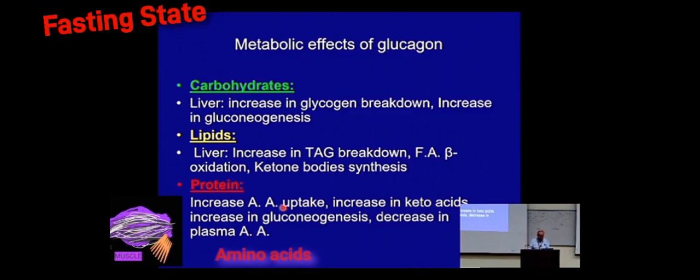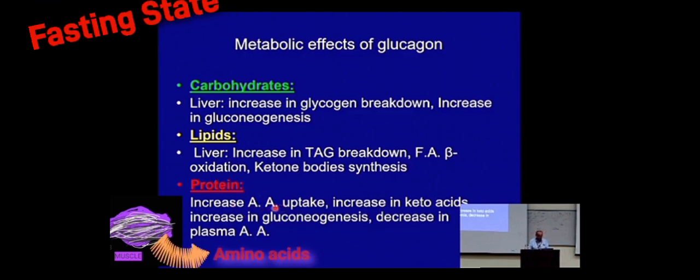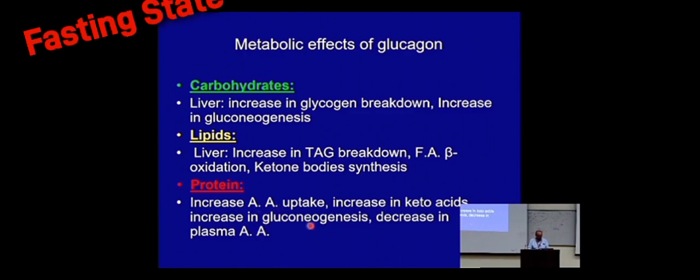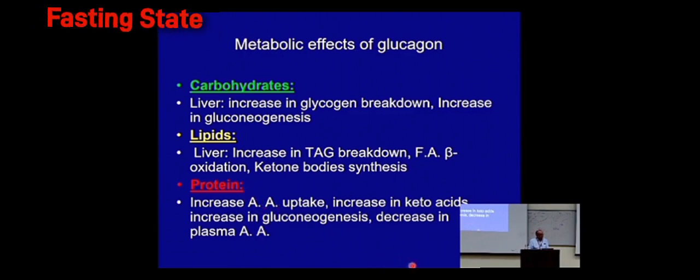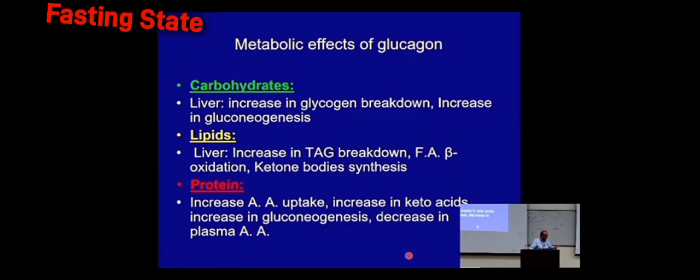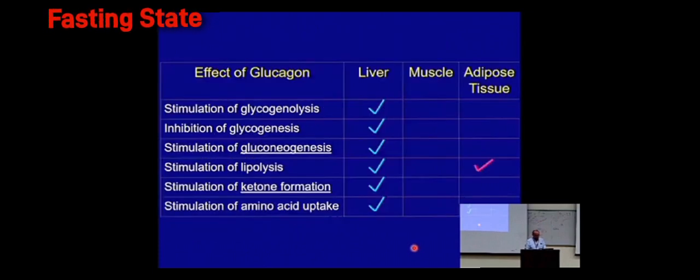Amino acids released in the bloodstream, picked up by the liver. So this is amino acids coming primarily from turnover of muscle proteins. Okay? And they are going to provide the carbon skeletons for gluconeogenesis. We talked about one of them: alanine can be released, goes to the liver, becomes pyruvate. Pyruvate can be used to make glucose.